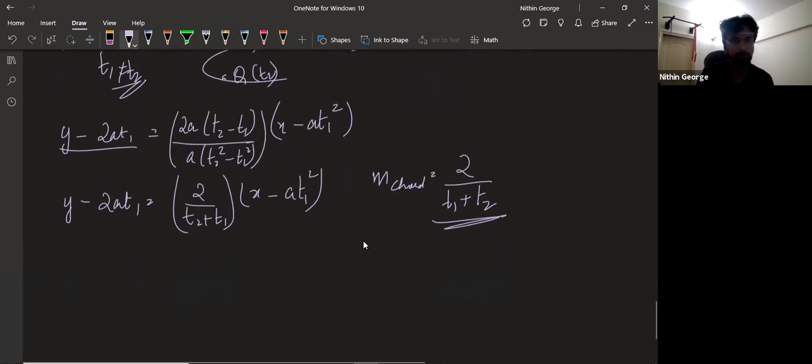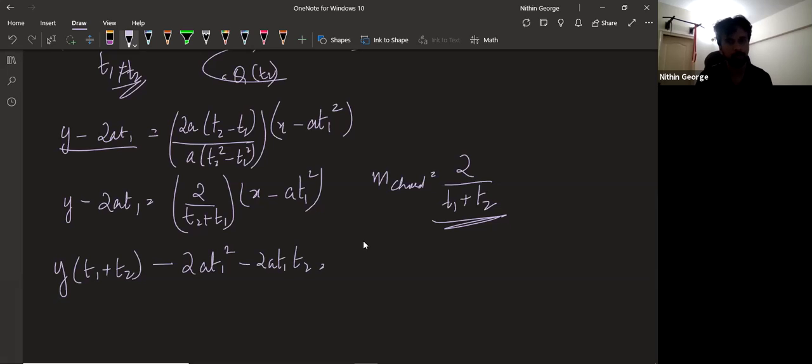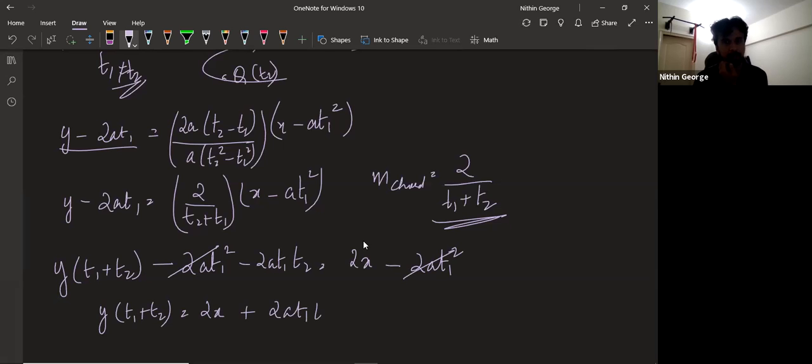Okay. So let's rewrite this equation. y into (t1 plus t2) minus 2at1 square minus 2at1t2 equal to 2x minus 2at1 square. 2at1 square cancels out, and you get the equation y into (t1 plus t2) equal to 2x plus 2at1t2.